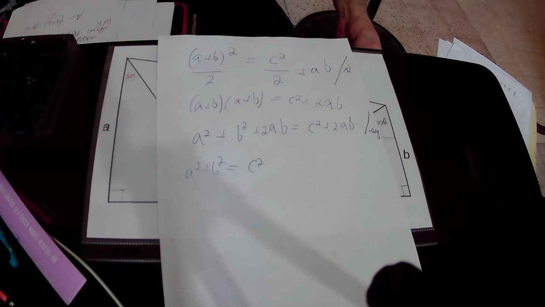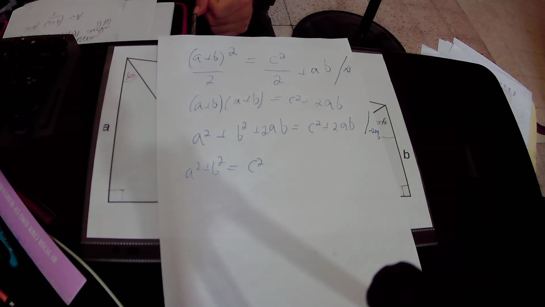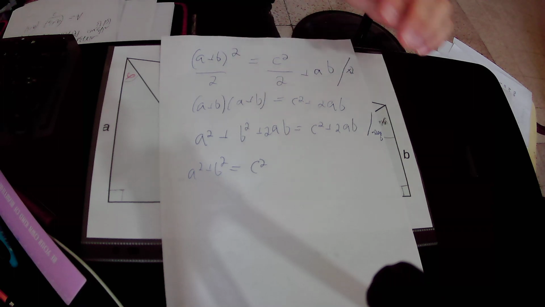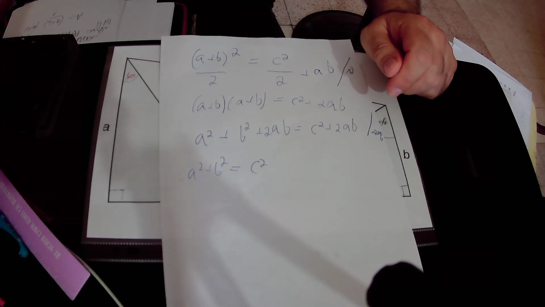Okay, a squared plus b squared equals c squared. And actually that's what we wanted to prove, this equation.